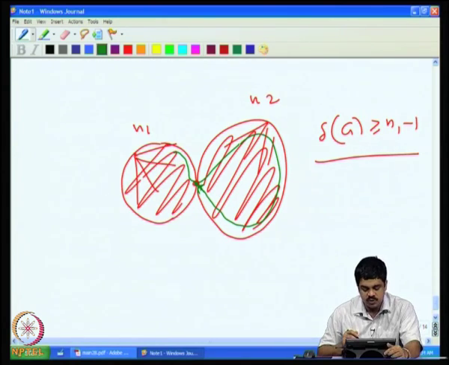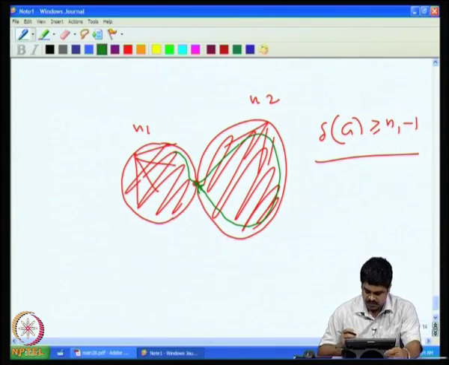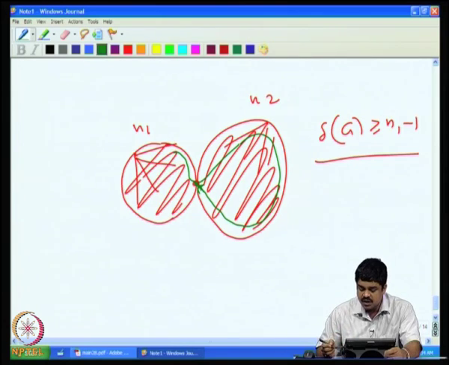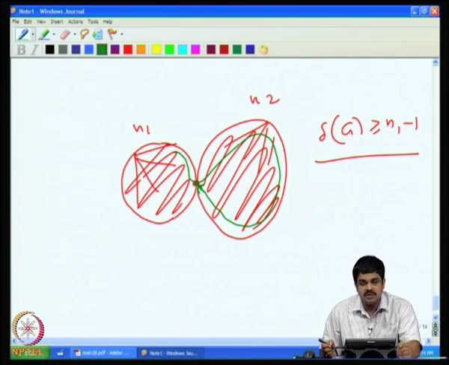So, it is not possible to have a Hamiltonian circuit in a graph when there is a cut vertex. So, even if we try to keep the minimum degree as high as possible, to a great extent you cannot achieve a Hamiltonian circuit in the graph just by that assumption.